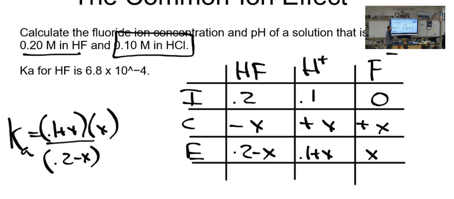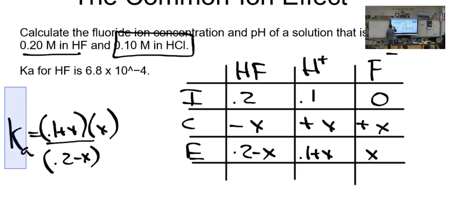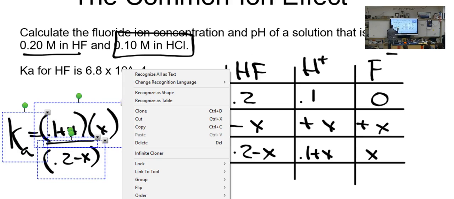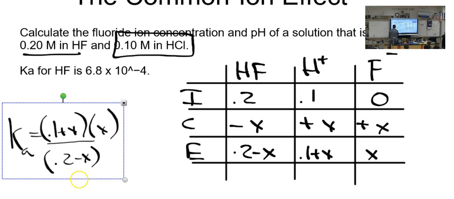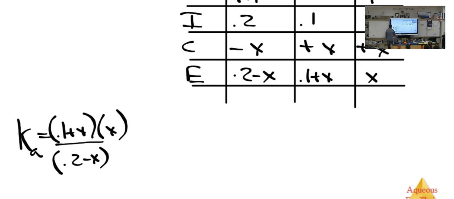I'm already missing X squared initial. That was a lot easier. Okay, this is the part that I would just do, like I would just watch me do. Okay, that was pointless. Here we go.